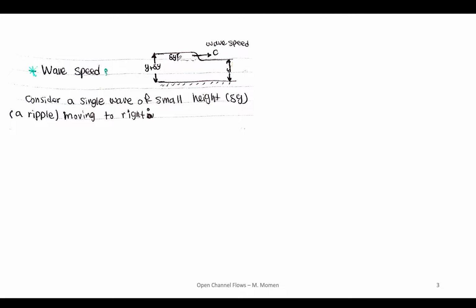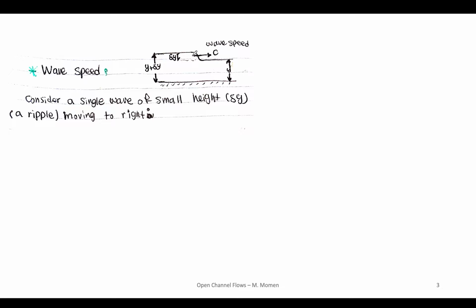So this has a small height of delta y, and it's moving right, and this is the depth of the fluid y, and the depth of the fluid before the wave reaches is y, and the depth of the fluid after the wave has gone is y plus delta y.